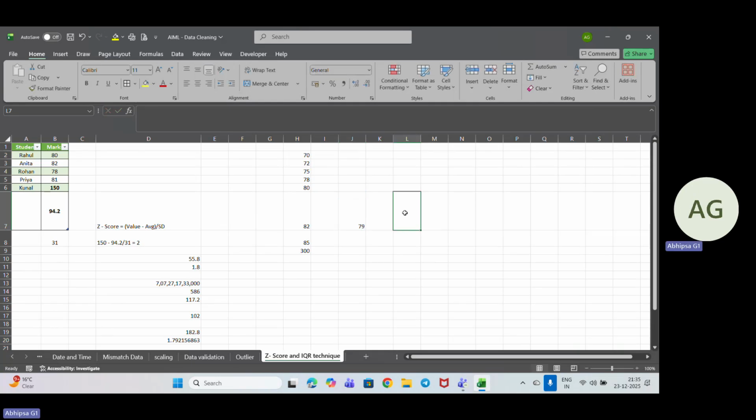Now I have to find out Q1. So Q1, how will I be finding it? Sorry, Q1 is the lower half that we are getting. So the lower half means we are getting 70, 72, 75, and 78.